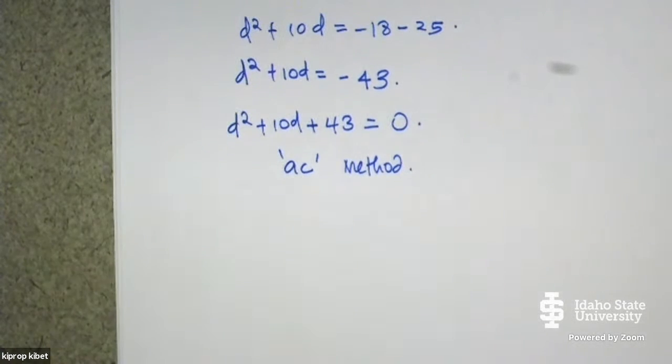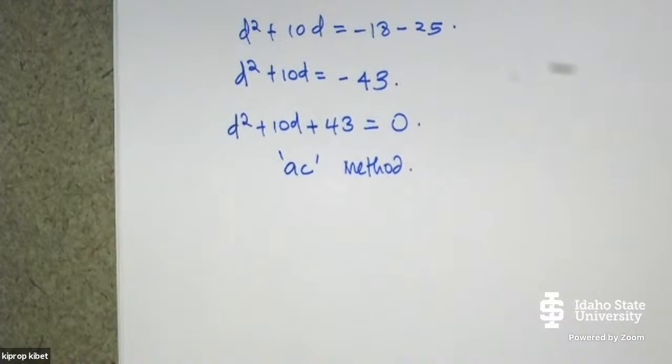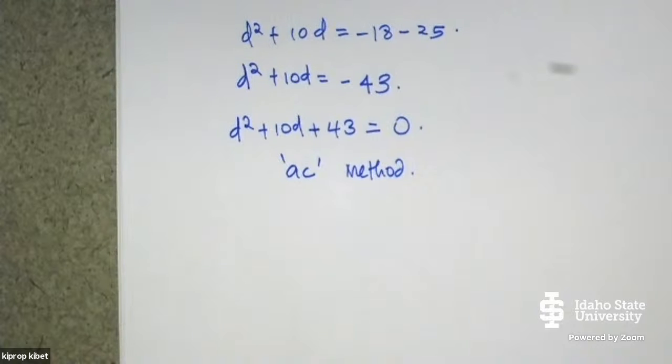So the product here is actually 43, and the sum is 10. Is there anything which can give us a product of 43 and the sum to be 10?